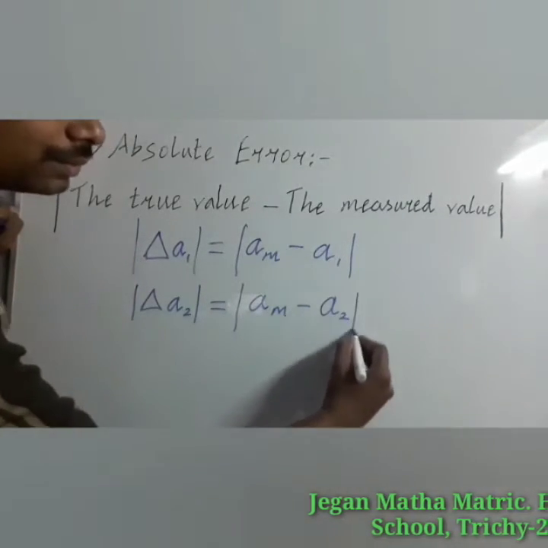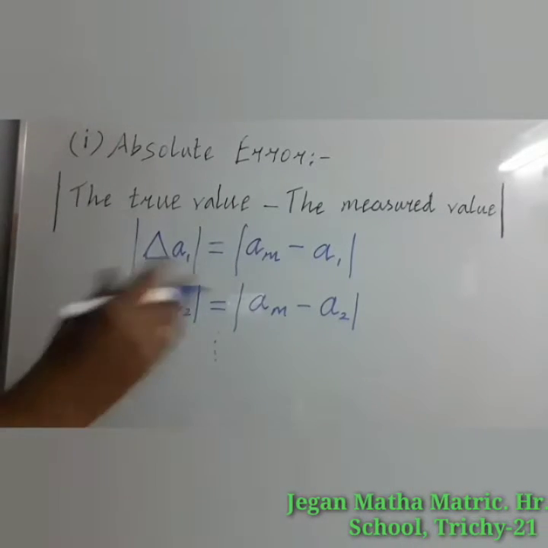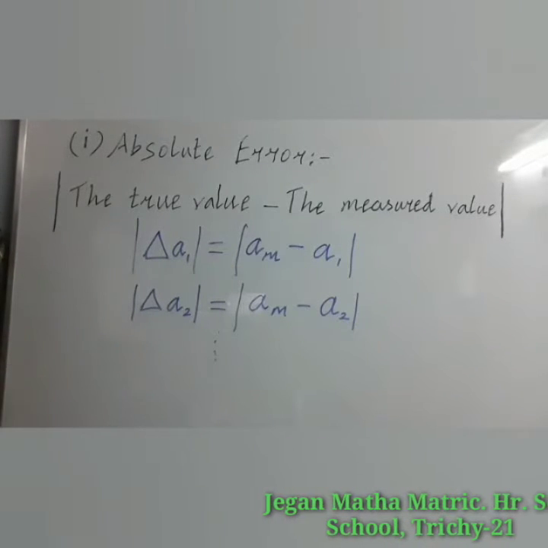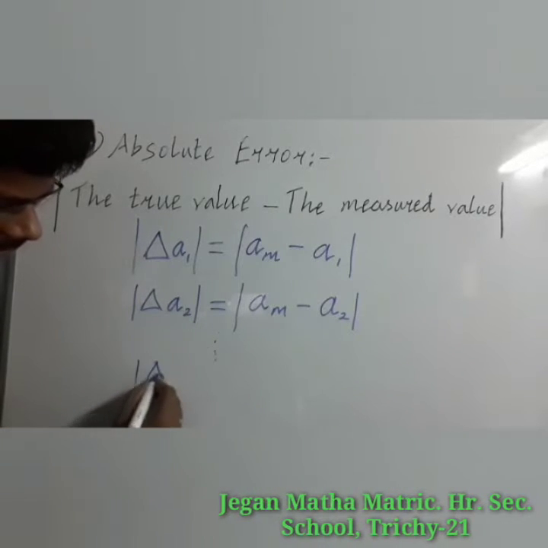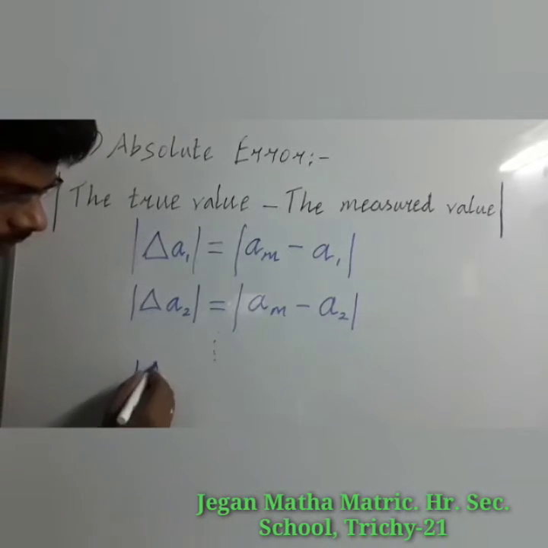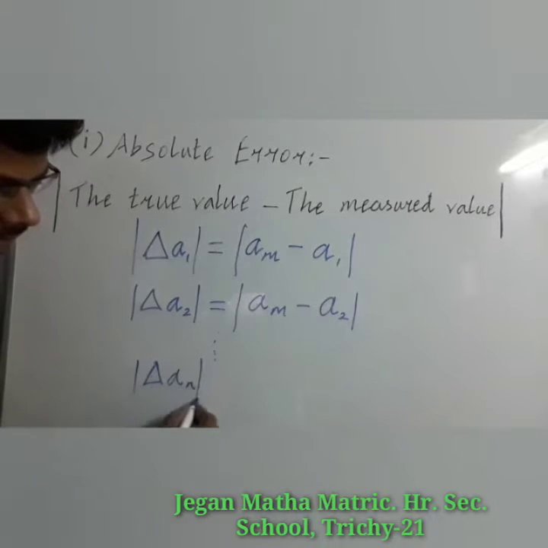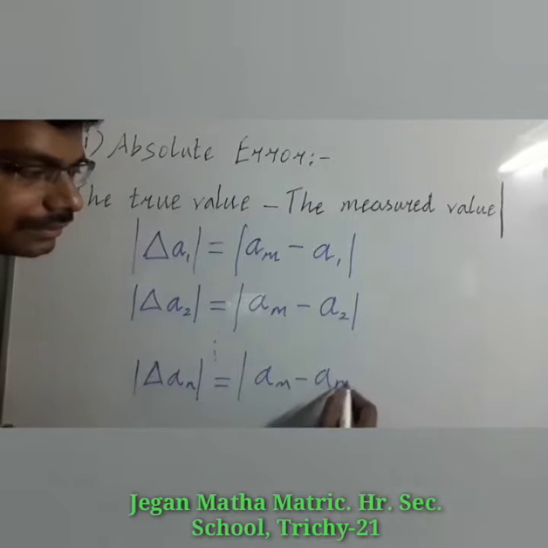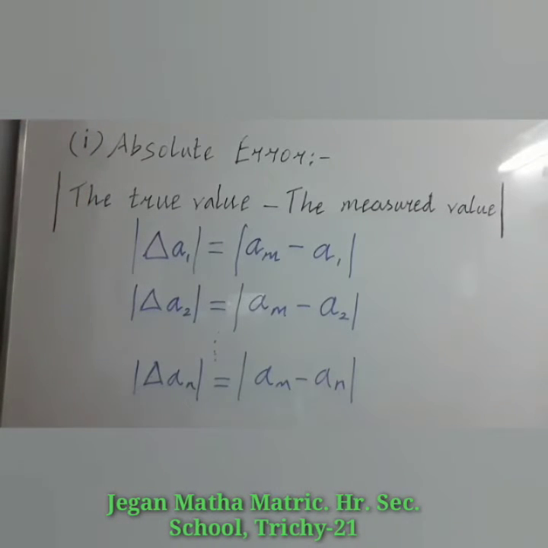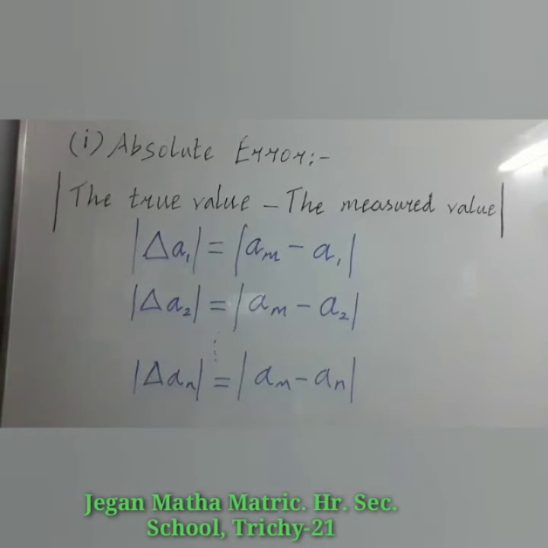Likewise, you can find the absolute error in each measured value, and the last, del AN, is equal to AM minus AN, the absolute error in the nth measured value.